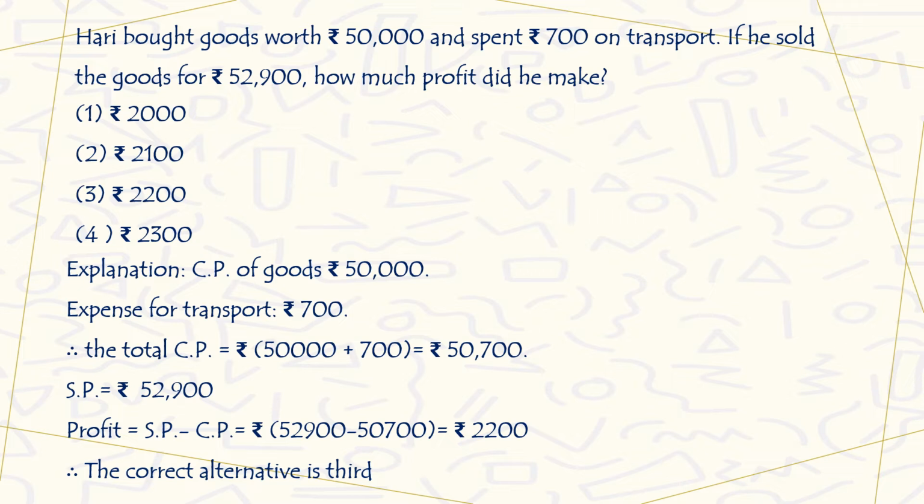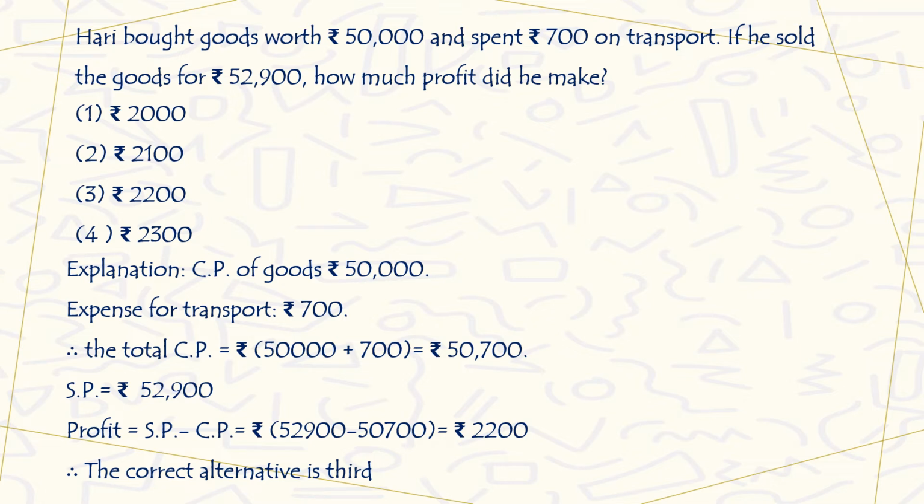So the cost price of the goods is 50,000, expenses of transport is 700. So the total cost price is cost price plus the expenditure. So 50,000 plus 700, which is equal to 50,700 rupees. Now the selling price is 52,900 rupees.